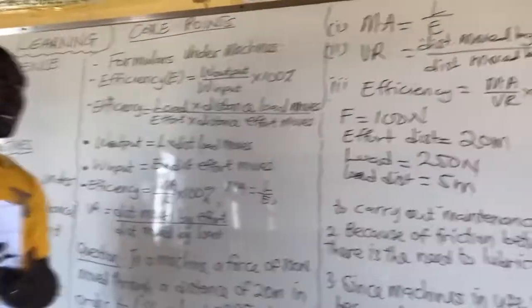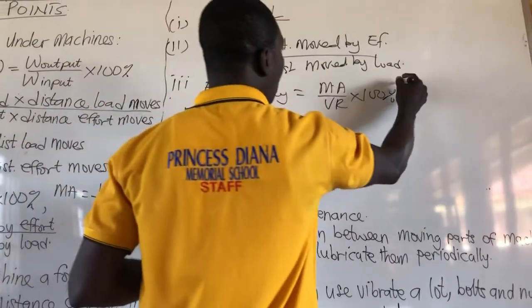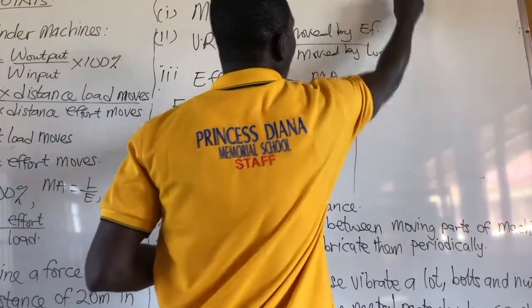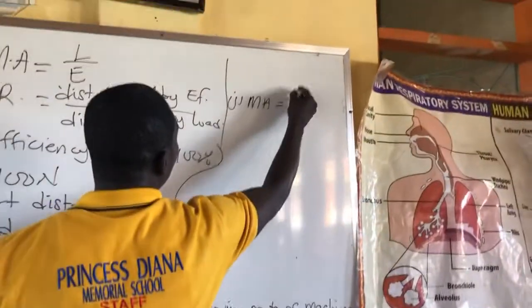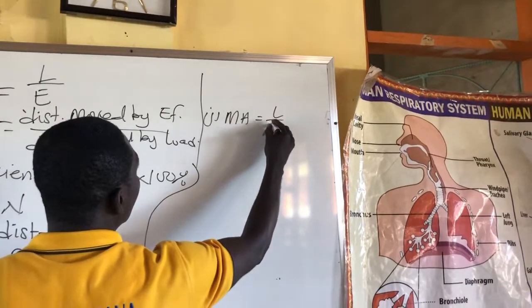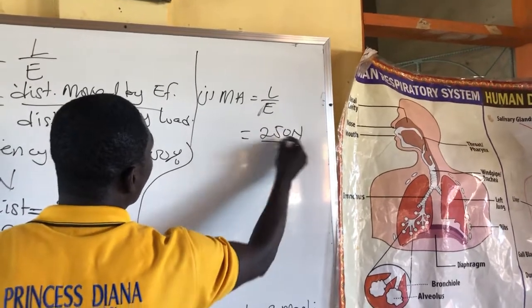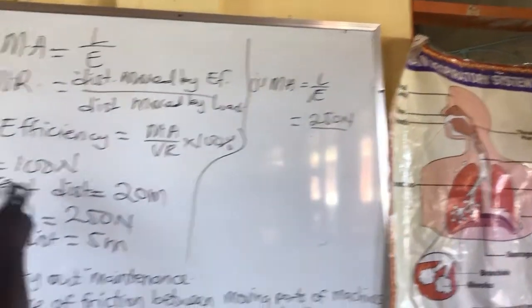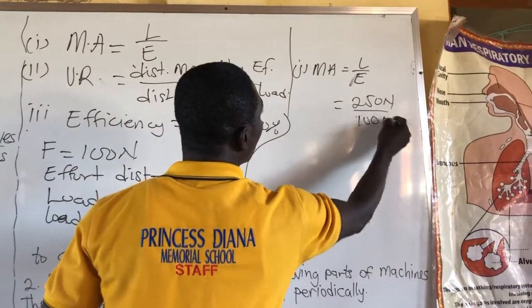That's the data. Now, to start with the mechanical advantage, which is MA, MA is equal to load over effort. And the load is given as 250 newtons, and the effort or the force is 100 newtons.